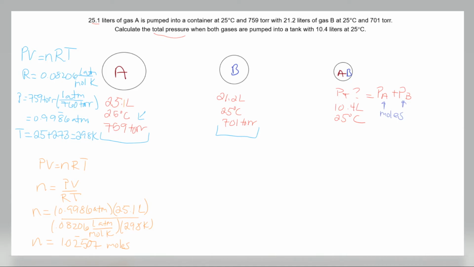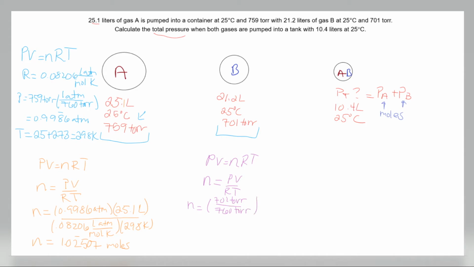For gas B, we do the same exact thing. We're starting with PV equals nRT, right? Isolate to n, PV over RT. So what do we got for moles? I'm not going to do the stoichiometry on the side. I'm just going to do it straight in the fraction. So we would do the given pressure, which is 701 torr, divided by 760 torr.